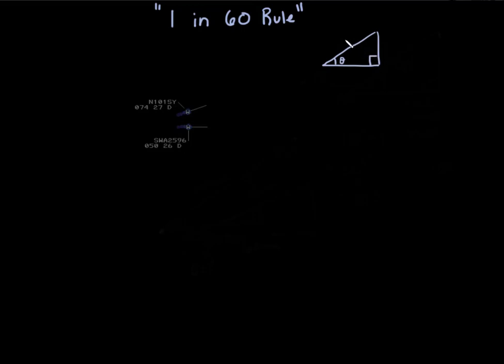The side that's opposite the 90-degree angle is called the hypotenuse. The side of the right triangle that is opposite from the main angle theta is called the opposite side, and the side down here which runs adjacent, or next to, the main angle theta is called the adjacent side.